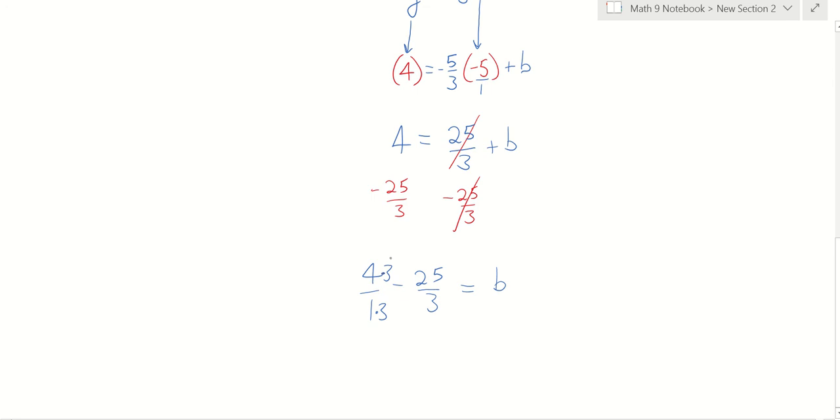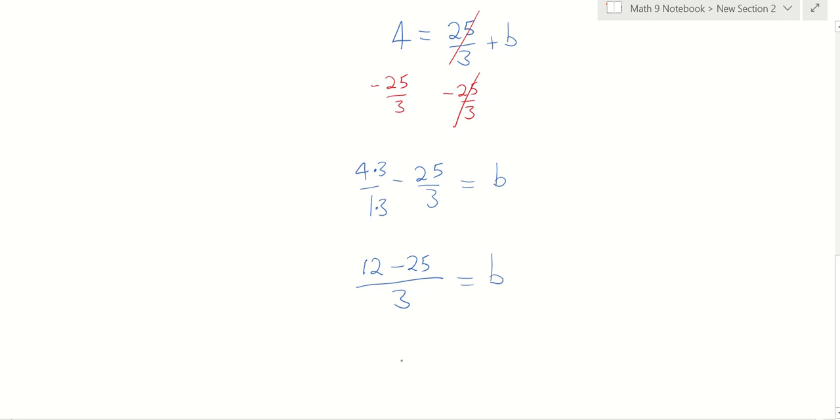So when we do that, we will then have, and I want to make this clear, it almost looks like I'm writing 4.3, but I'm writing 4 times 3. And when we do that, we're going to have 12 minus 25 over a common denominator of 3 now, right? This denominator is now 3, so we can collect that all over one fraction bar. And what is 12 minus 25? Last time I checked, that was minus 13. So this is your b value. This is your y-intercept. This is your answer.